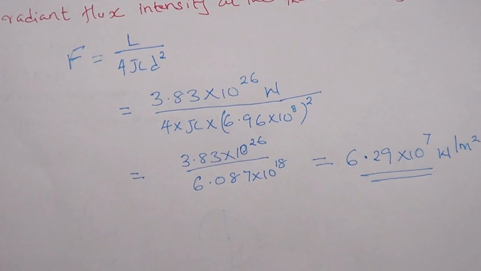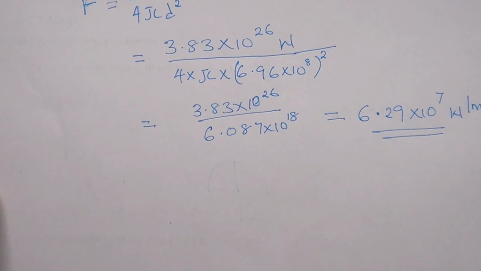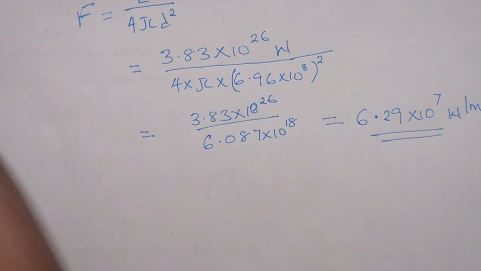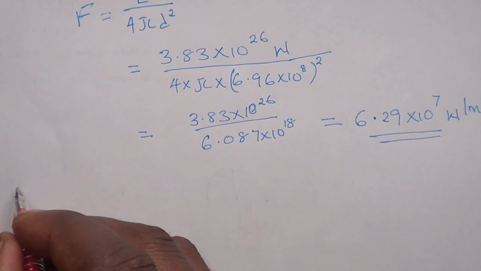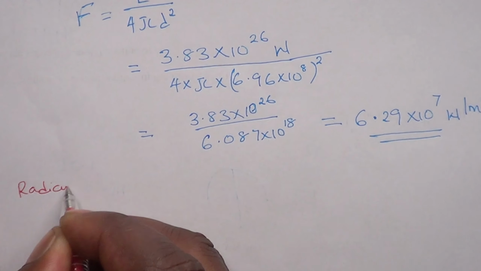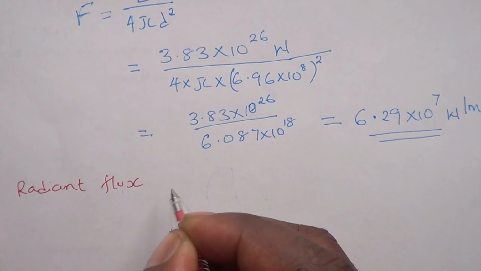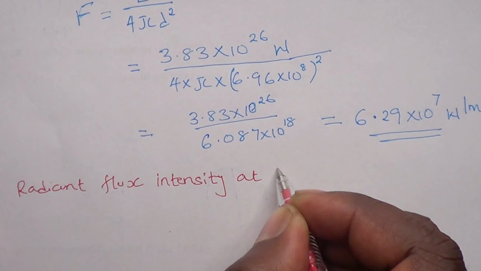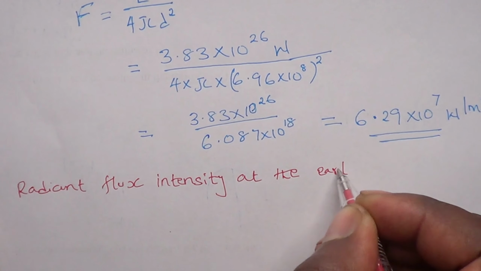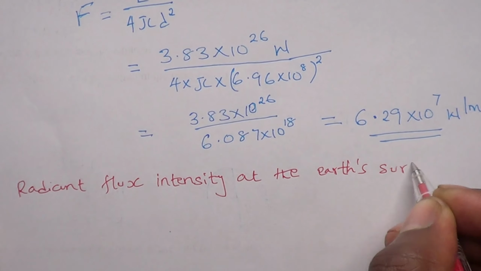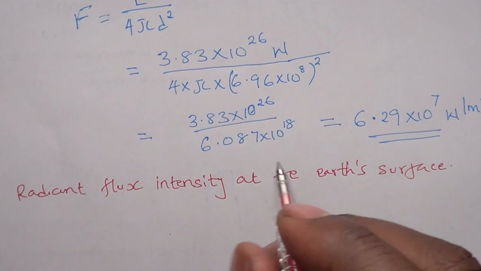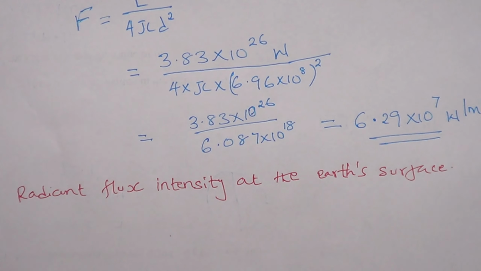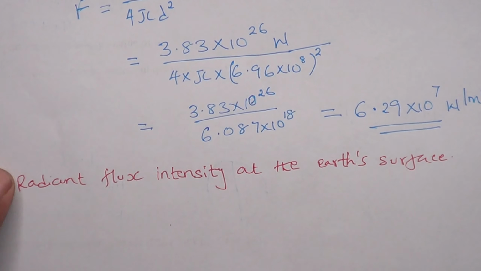So the next one you need to look at is radiant flux intensity at the Earth's surface. At this point here, we use the same formula to calculate it, and we have another method, but let me use the same formula to save time.